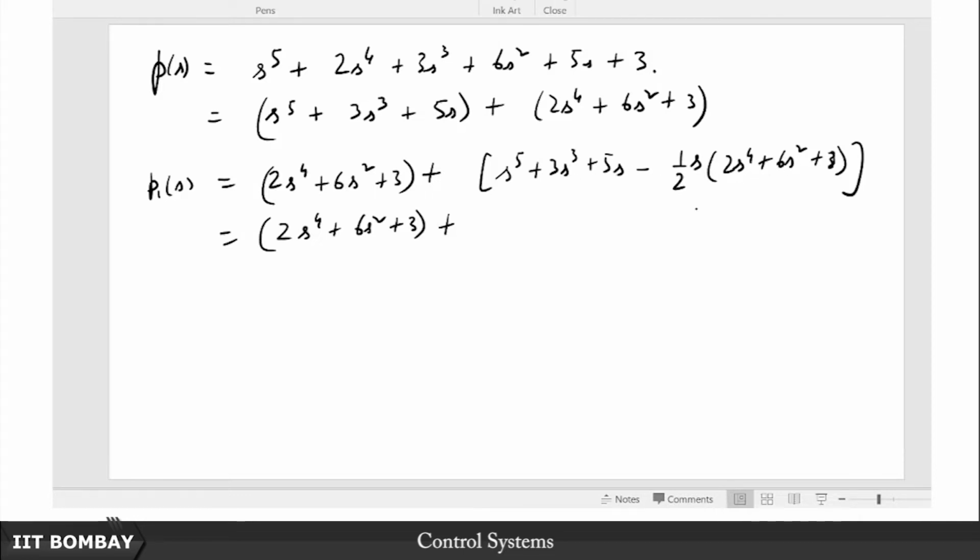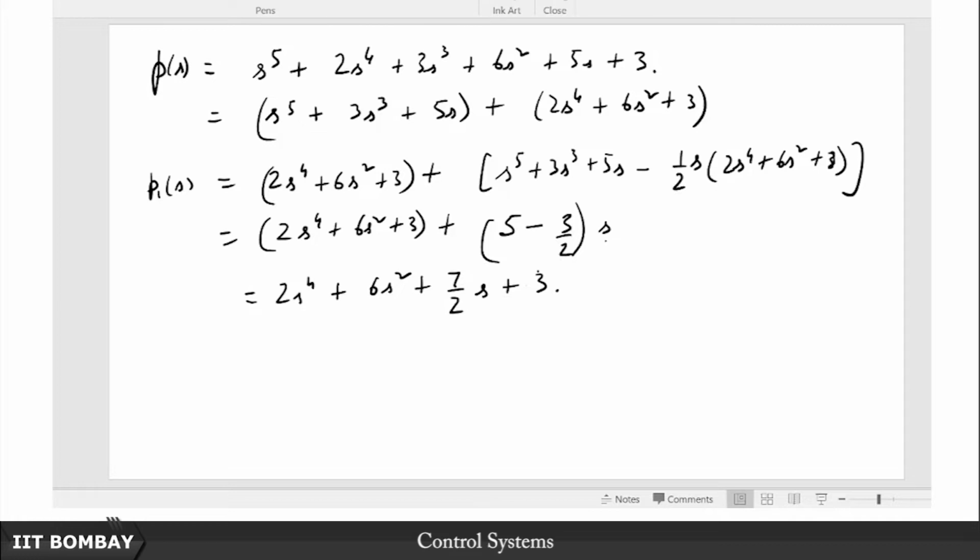What you are then left with from this part is 5 minus 3 by 2 s, and that is equal to 2s to the 4 plus 6s squared plus, 5 minus 3, 2s are 10 minus 3, that is 7, 7 by 2 s, plus 3.